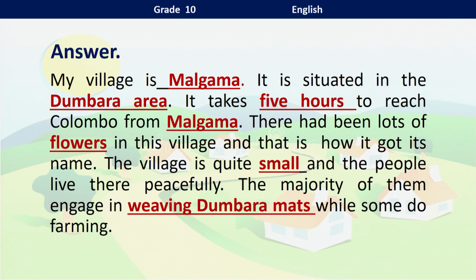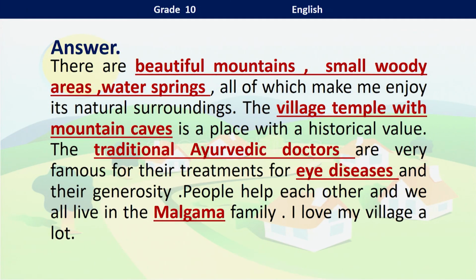There had been lots of flowers in this village and that is how it got its name. The village is quite small and the people live there peacefully. The majority of them engage in weaving dumbara mats while some do farming.